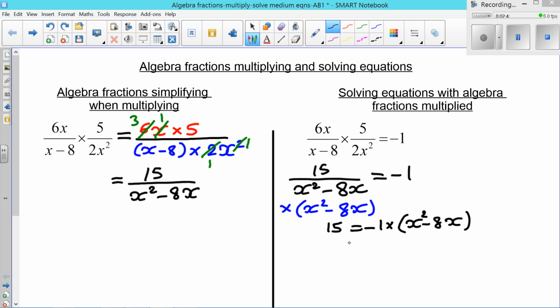If I now expand that bracket, I get 15 equals minus 1 times x squared is minus x squared, minus 1 times minus 8x is plus 8x.